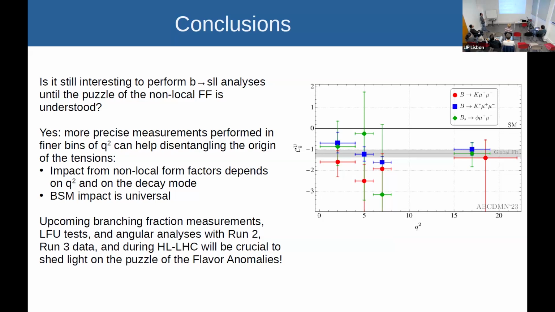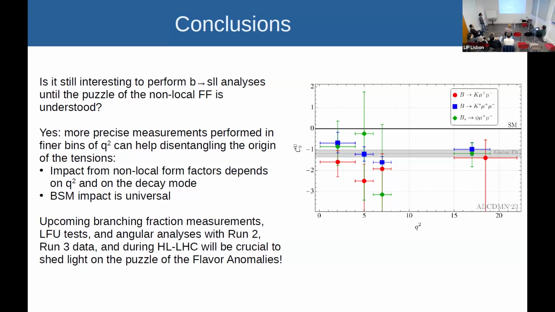Is it still interesting? I think this set of predictions, some of which are compatible and some not, raises the question: is it still interesting to continue doing this analysis with higher precision and larger data sets, or should we just wait for theorists to understand these non-local form factors better?